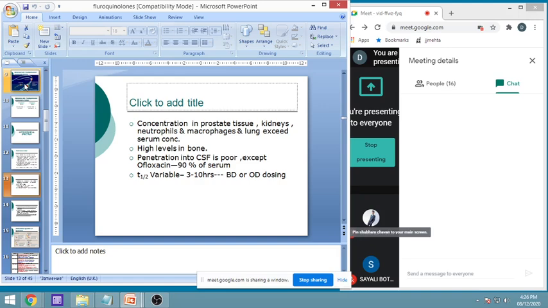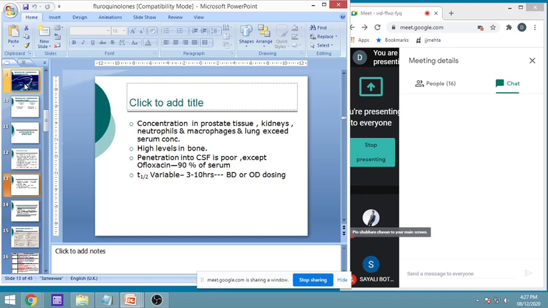Their concentration in prostate tissue, kidneys, neutrophils, macrophages and lung exceeds the serum concentration, meaning they are selectively taken up in these tissues. They reach a high level in bone, so they can be useful in various bone infections. Penetration into CSF is poor, except ofloxacin, which reaches 90% of the serum level in cerebrospinal fluid.